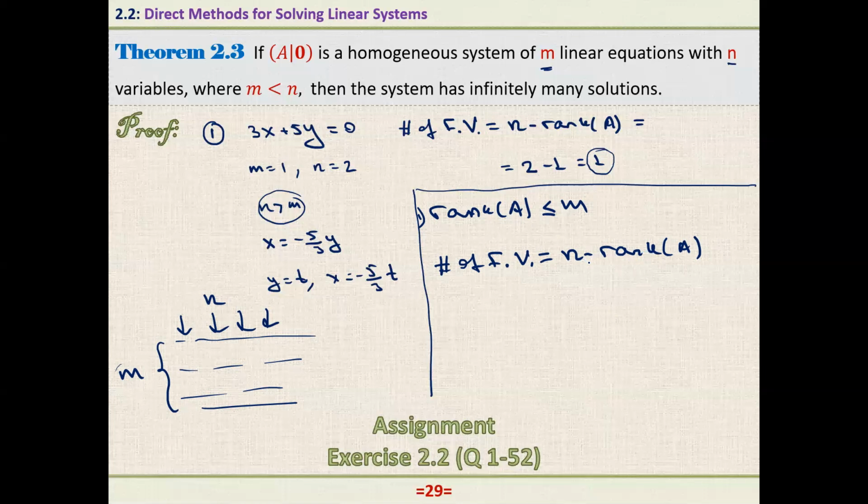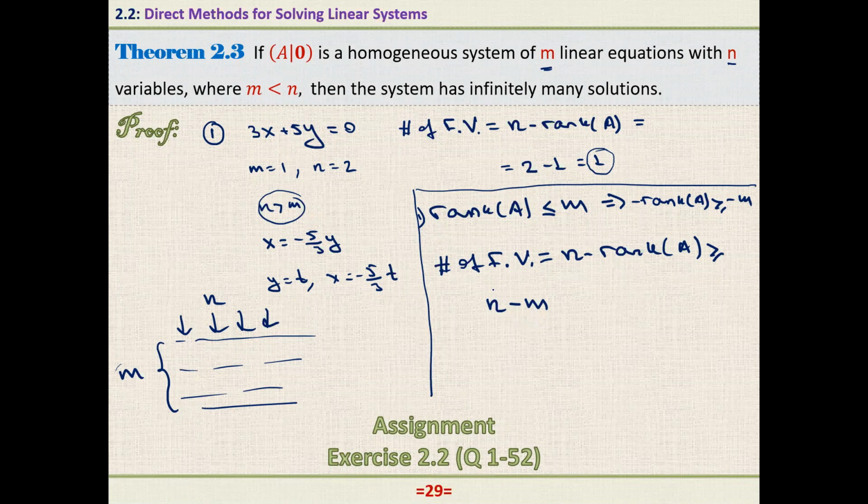So n minus rank of A will be greater than or equal to n minus m, right? Because if you multiply both sides by -1, we have minus rank of A greater than or equal to minus m. Just substitute here, so this will be greater than or equal to n minus m.